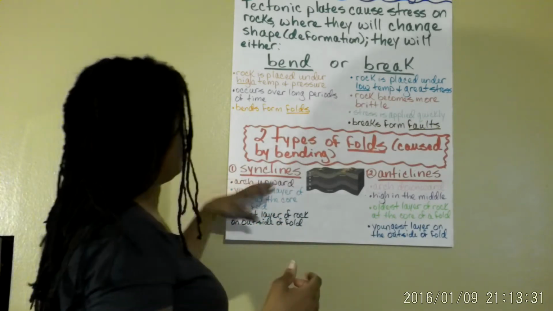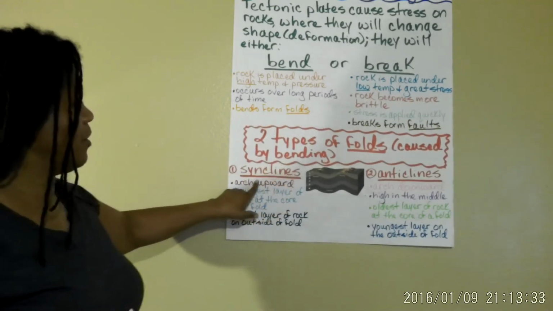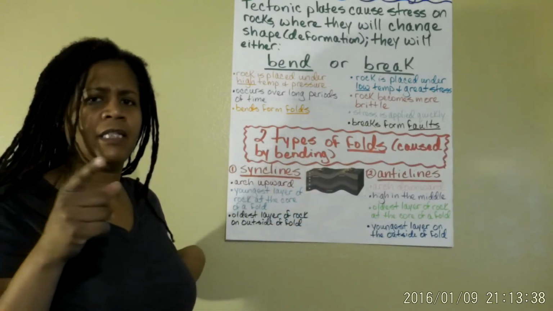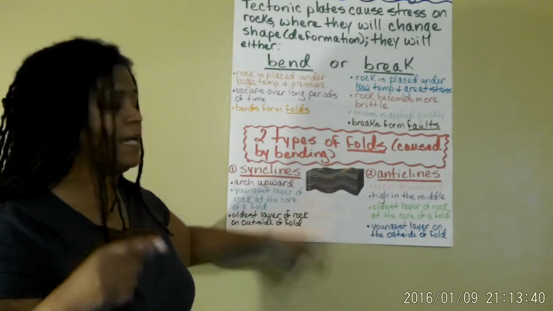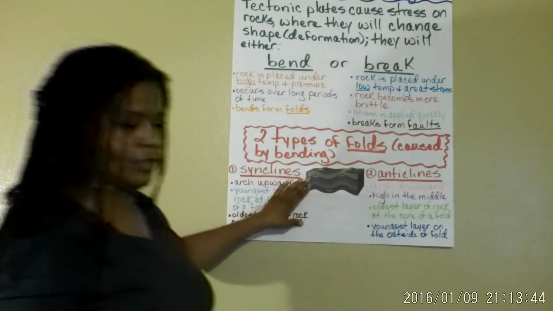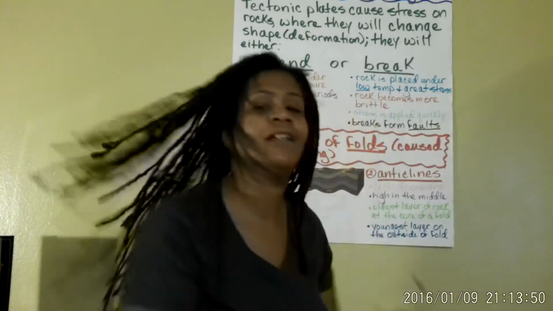Synclines arch upward, and I don't know if you can see this clearly. If you can see it in color on your anchor chart packet that I gave you, you'll see these words. Sorry, let me find my glasses, like I always have to do in class.